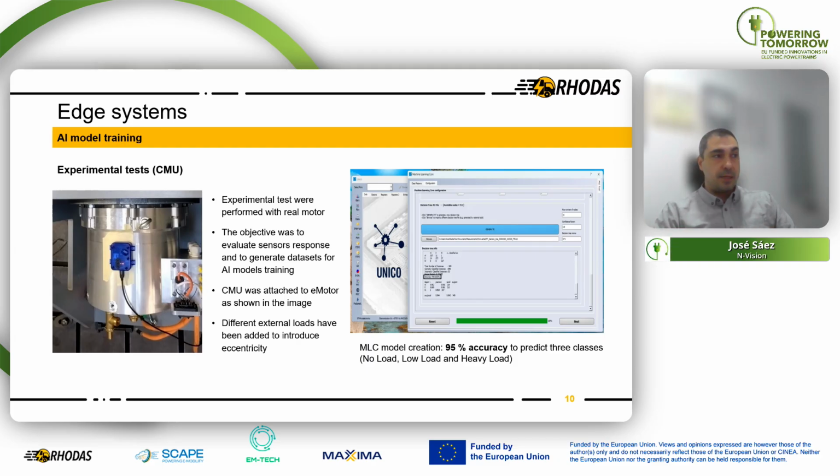As you can see here, the output was quite accurate. We reached almost 95% accuracy to predict these 3 classes of values. And at the end, the information we got from this model, besides these technical features, is basically 2 things related to the mechanical degradation of the motor.